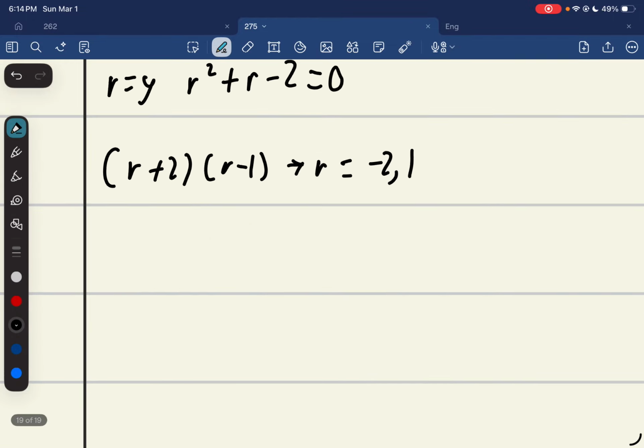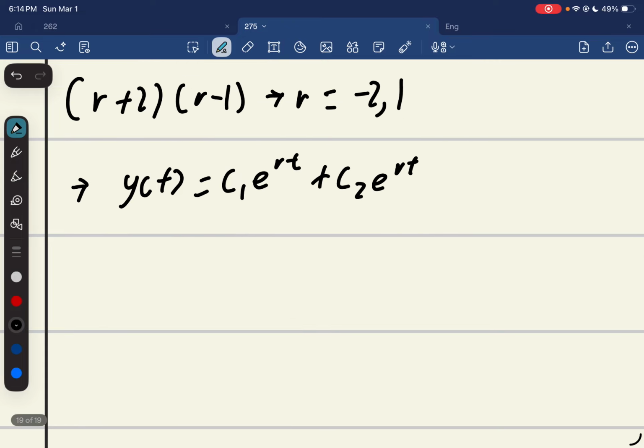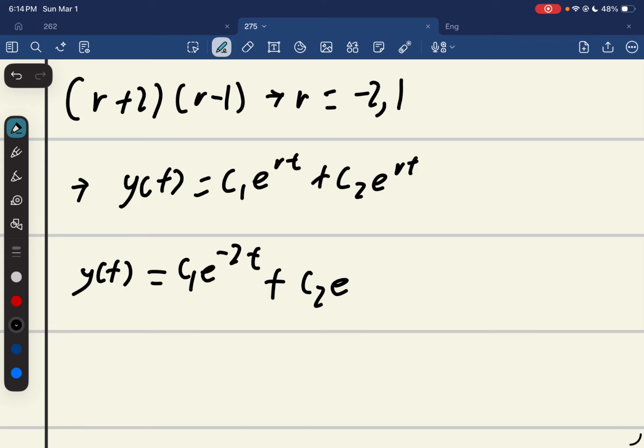And we could just plug this into our general equation, which is y of t equals c1 e^(r1 t) plus c2 e^(r2 t). So we can just plug r in, the first or second, doesn't really matter. c1 e to the negative 2t plus c2 e to the t.